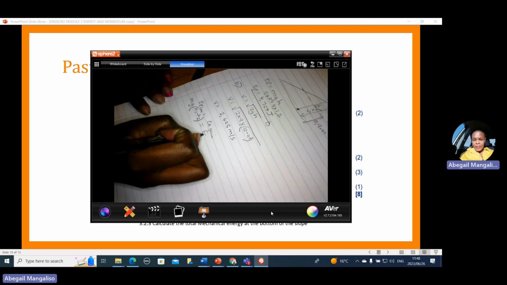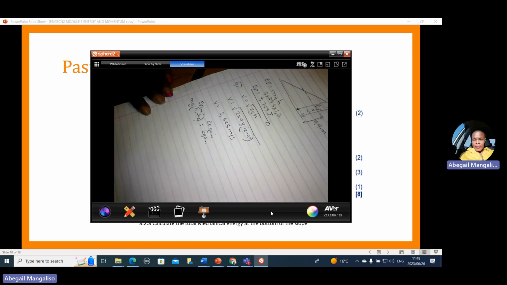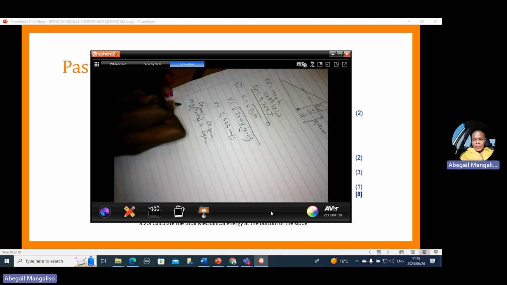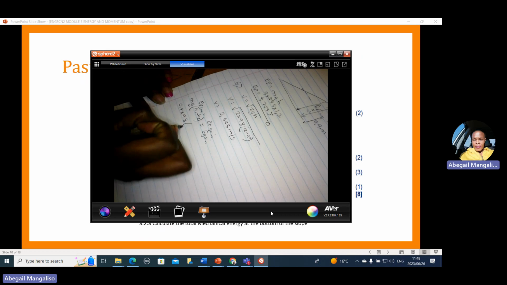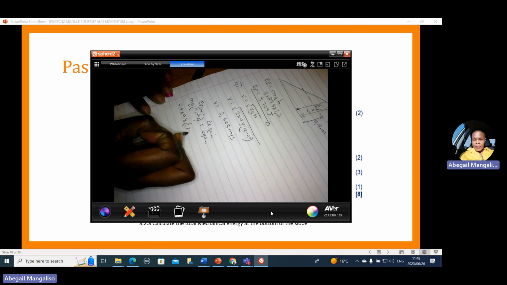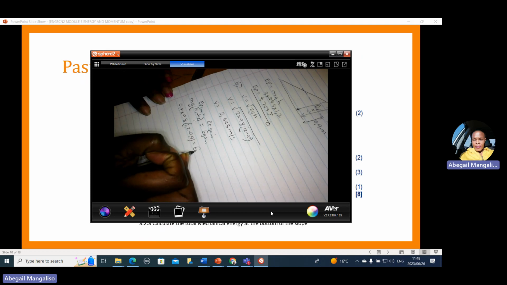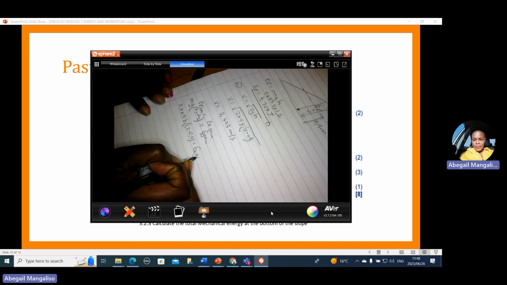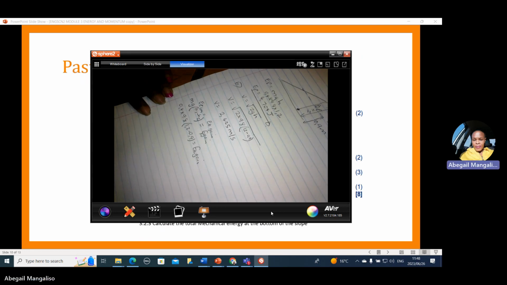It will be equal to EK gain. So on this side we substitute so that we can get the kinetic energy first. Where there is m, it will be 0.4 multiplied by 9.8, open brackets, 1.2 minus 0.9. Then use your calculator to get the gain in kinetic energy. In this way, we are getting the energy that is converted to kinetic.